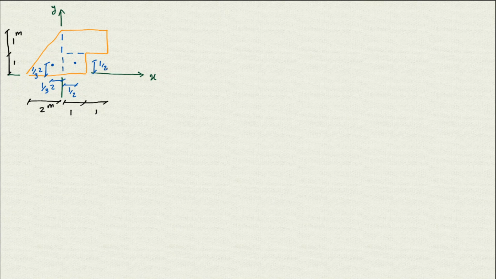For this one, it would be sitting somewhere here, and the distance up to that point is half of 2, so it's going to be 1, and the distance up to the other point is 1 plus half of the 1, so it's going to be 1.5.